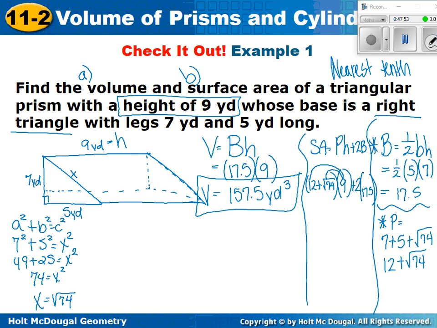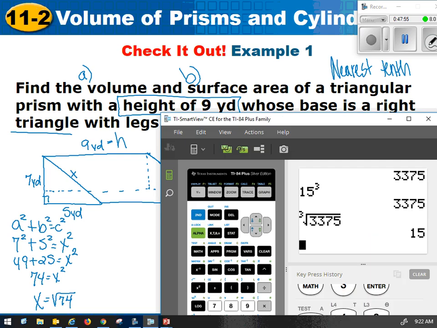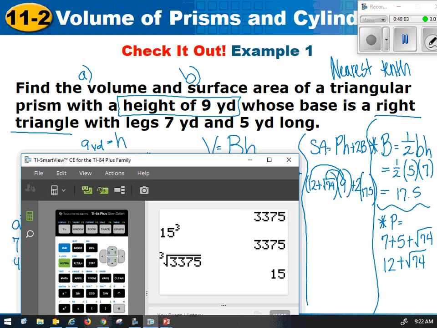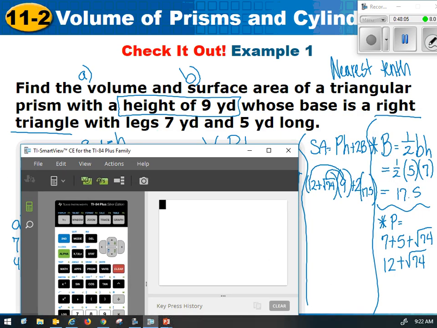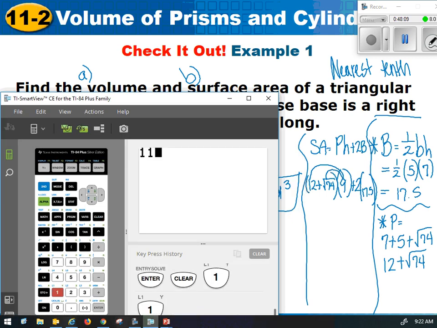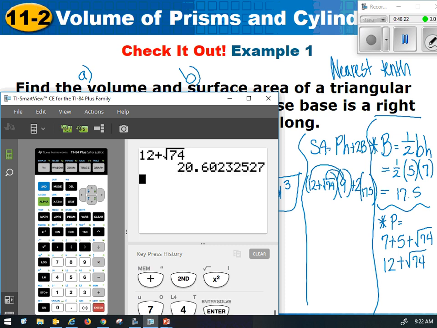I'm going to pull up my calculator. Just going to bring this over here a little bit, maybe. Okay, so I'm going to type in 12 plus the square root of 74 and hit enter.